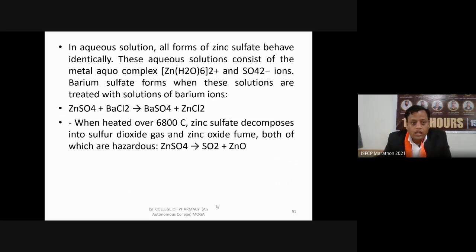Zinc sulfate, when reacted with barium chloride, forms barium sulfate and zinc chloride. Zinc sulfate further decomposes into sulfur dioxide and zinc oxide. So zinc oxide fume is produced, and both zinc oxide and sulfur dioxide produce hazardous effects.